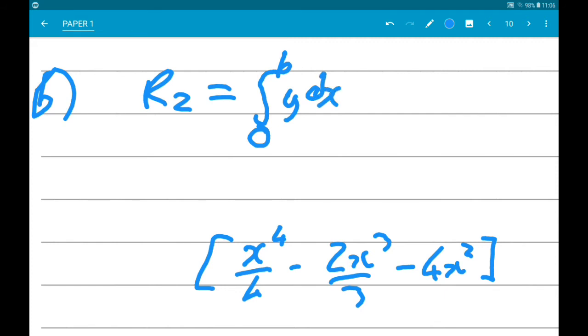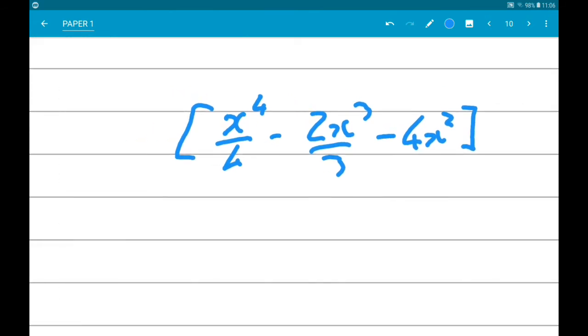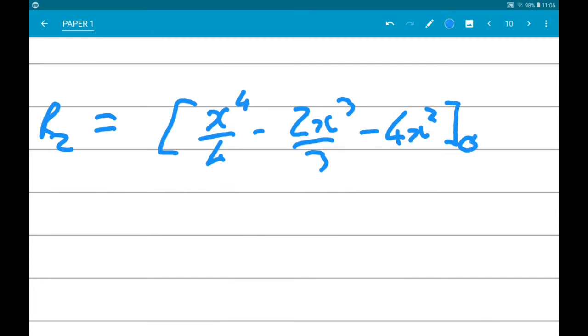And we also know that's minus 20 thirds. Okay, so we've done the integral, so we know that R2 is this guy between 0 and b. And again, we know that's minus 20 thirds.